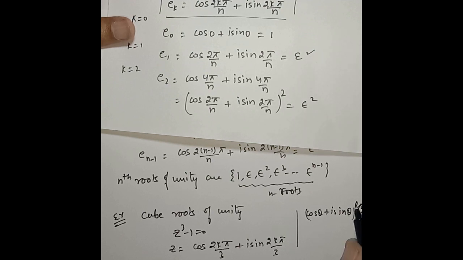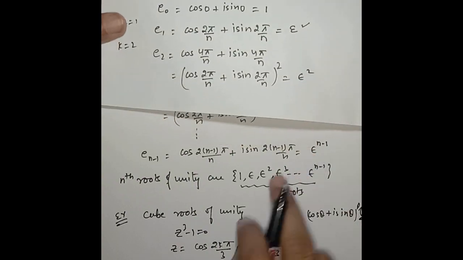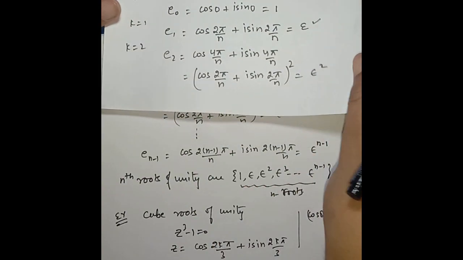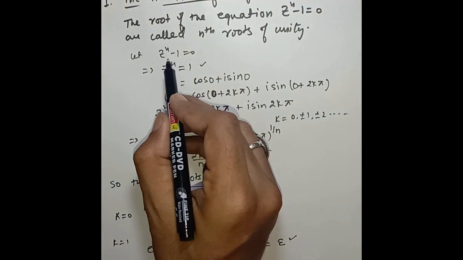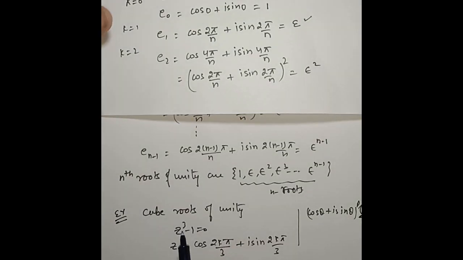For p by q, the number of roots is q. That means the number of roots is 3. That is why it is called the nth root of unity, and the roots of this equation, the cube roots of unity, are 3 roots.